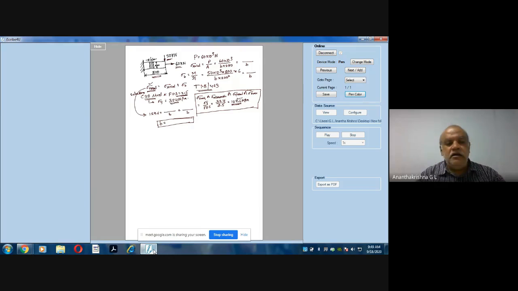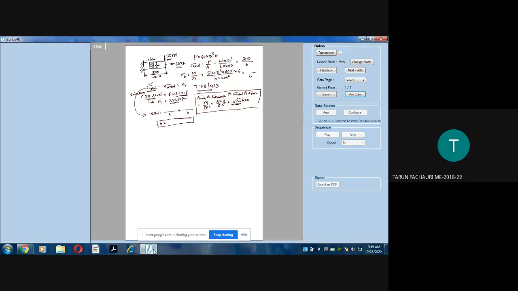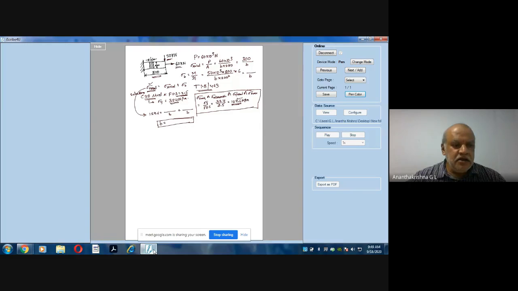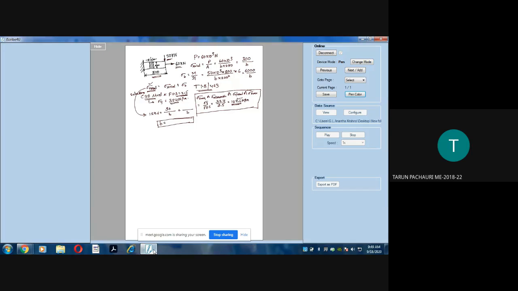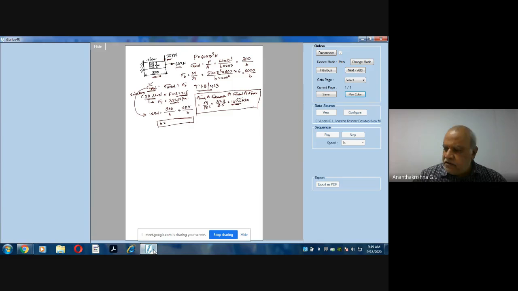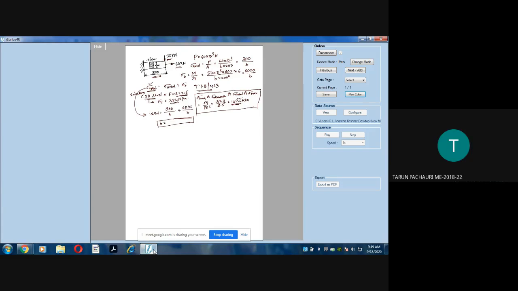Please get me the value of B. Sigma axial is 300 divided by B, correct? And sigma bending is 6000 divided by B. B is 48.61.